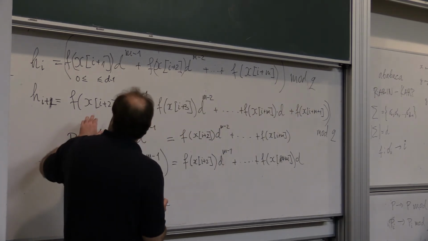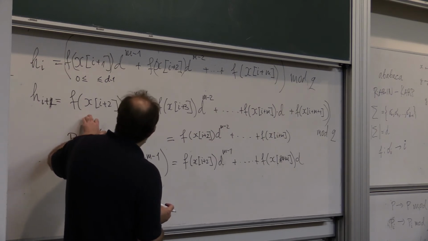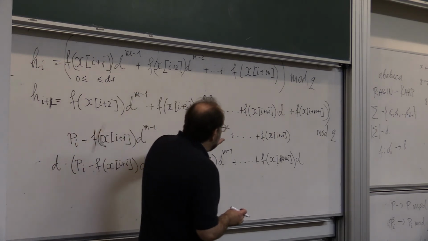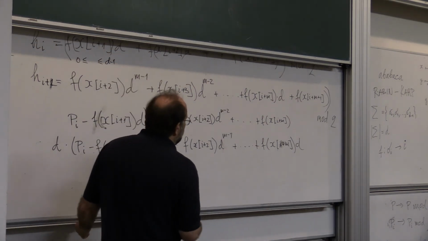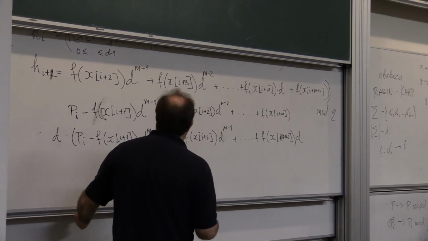So this now matches this part here. What is the only thing missing? Plus f of x I plus m plus 1.